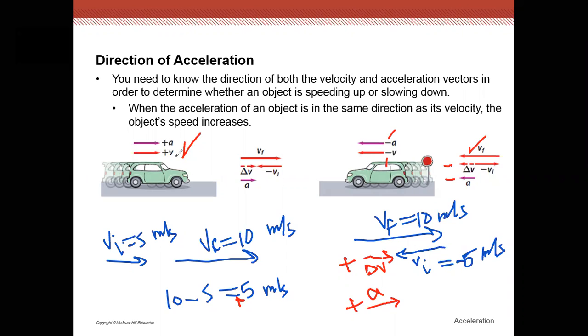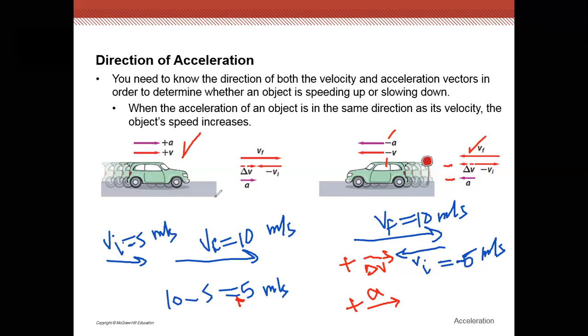Like you are moving to the right and your friend is moving to the left. You choose right, so your direction is positive. Your friend chooses left, so his direction is negative. We said before that positive and negative refer to direction. So here it doesn't mean decreasing. Positive doesn't mean increasing or decreasing. It means moving in the positive direction.